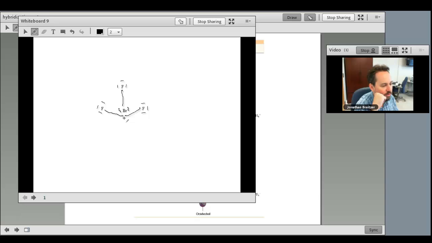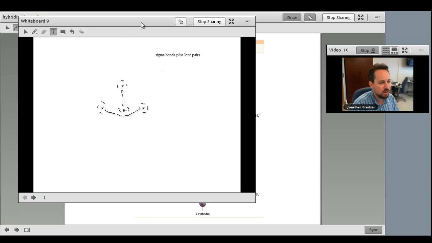Now, when you're counting the number of things around the bromine, if we want to find out what the hybridization is on the bromine, count the total number of sigma bonds plus lone pairs. Do not count pi bonds if there are any. Here there are no pi bonds in the molecule, just sigma bonds plus lone pairs.